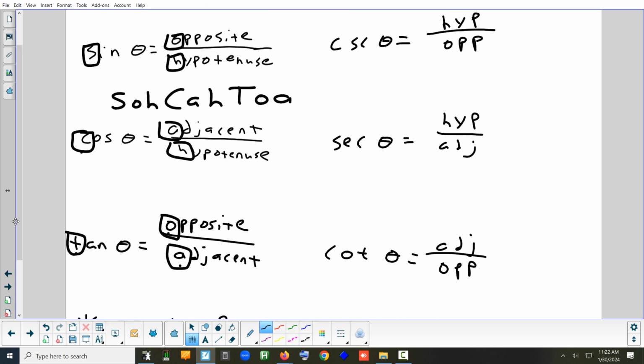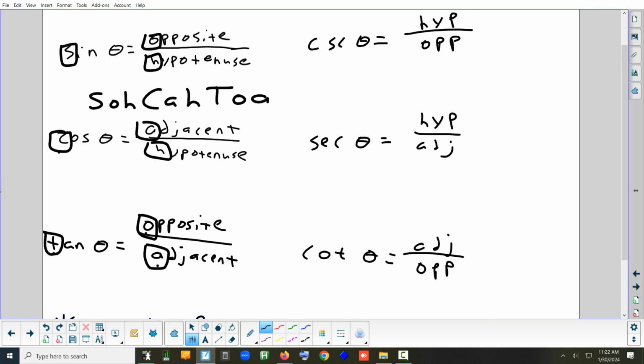Now, the hypotenuse. Where is the hypotenuse? It's always across from a 90. That never changes. Okay? Something similar in this room would be like up. It doesn't matter if I face your way, or you're facing my way, or you face the door. Up is the same way for everybody, no matter which way you face.